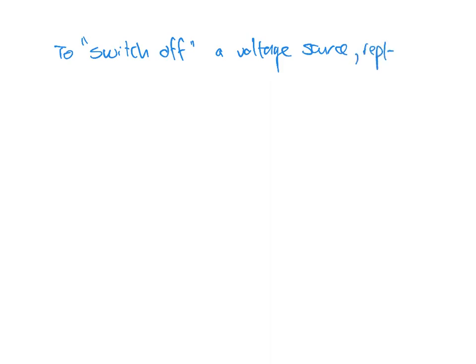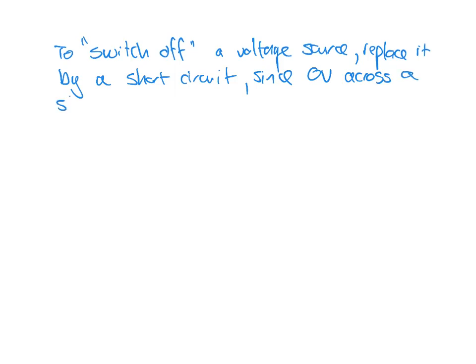And so to summarize, for superposition, to switch off a voltage source, we replace it by a short circuit, because there's zero volts across a short circuit.